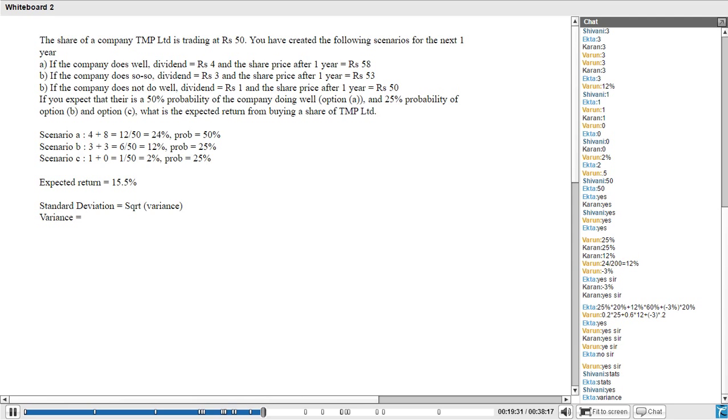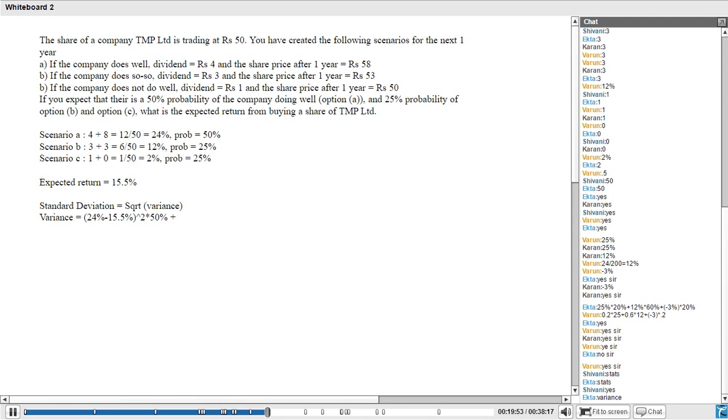Let's take in this case, in scenario A, what is my return? 24%. What was my expected return? 15.5%. So we take the difference, we take the square of the difference and multiply it by the probability.